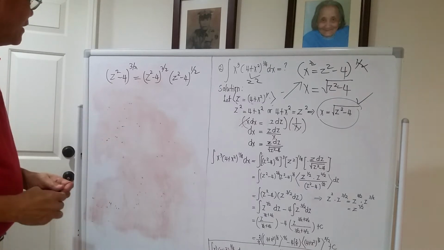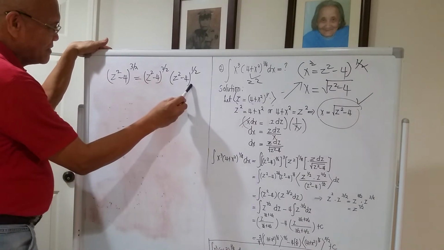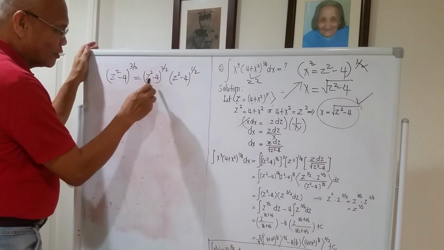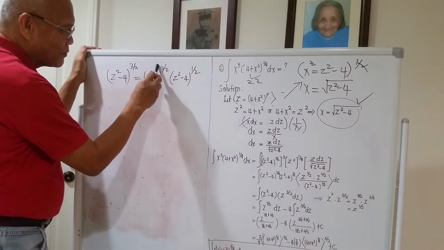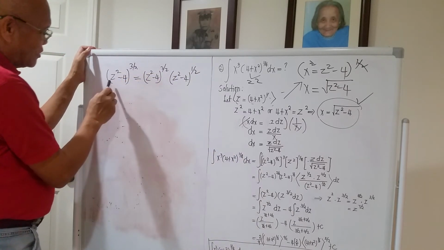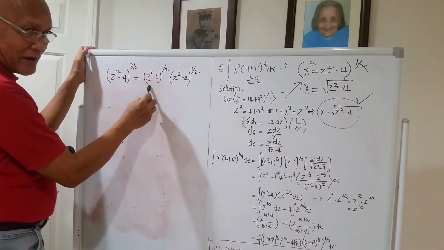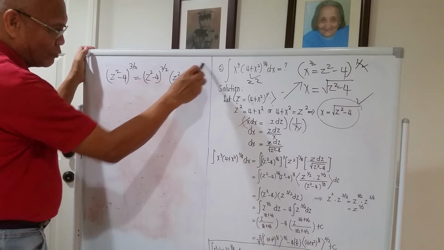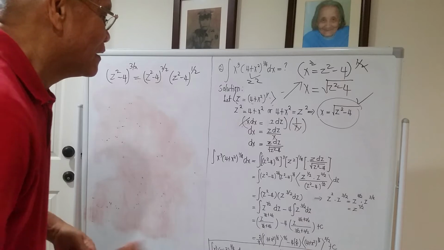These are the same base. So if we try to compress this one, it will be the same base, plus add the exponents. 2/2 plus 1/2 is 3/2. So z squared minus 4 raised to the 3/2 can be written as z squared minus 4 raised to the 2/2 times the quantity z squared minus 4 to the 1/2. Where is it? It is this.